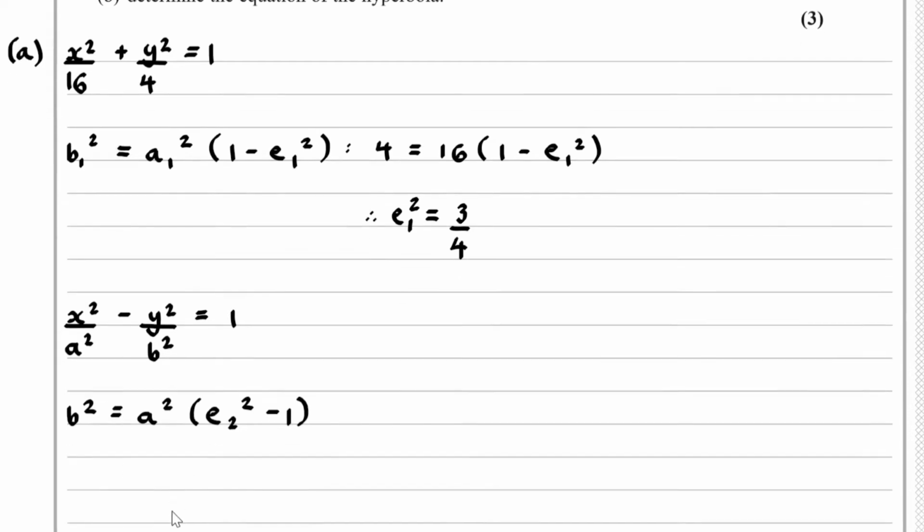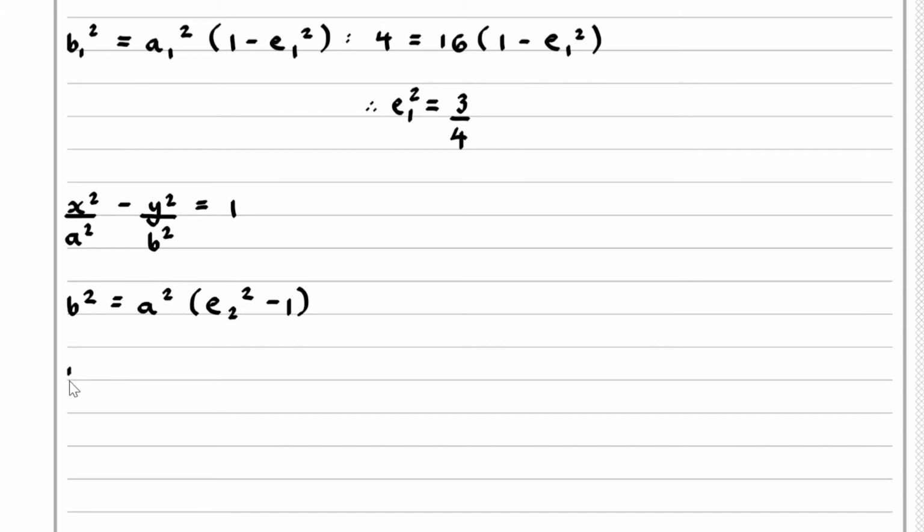Now if we know that e1 multiplied by e2 is equal to 1, what we can conclude from here is e2 is equal to 1 over e1, and if I square both sides, e2 squared will equal 1 over e1 squared.